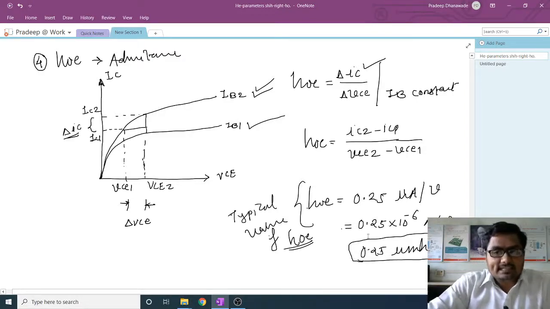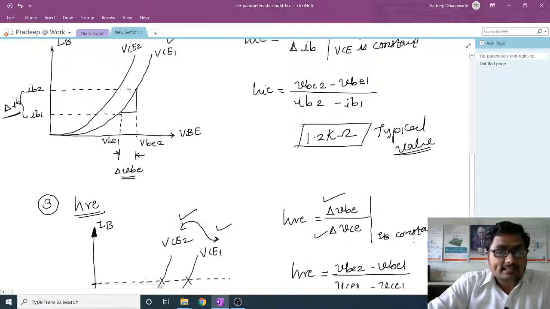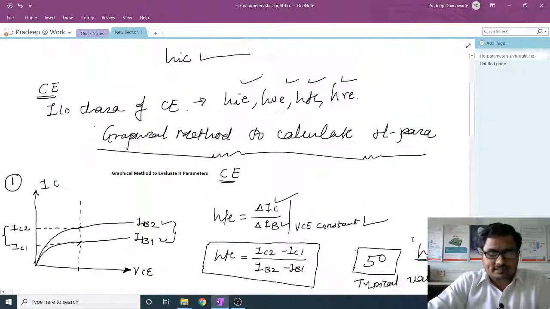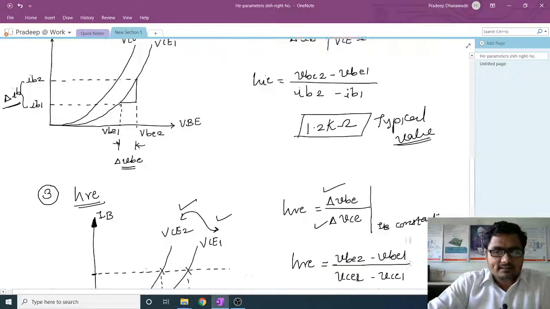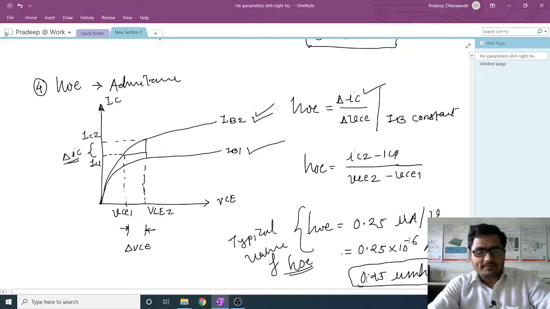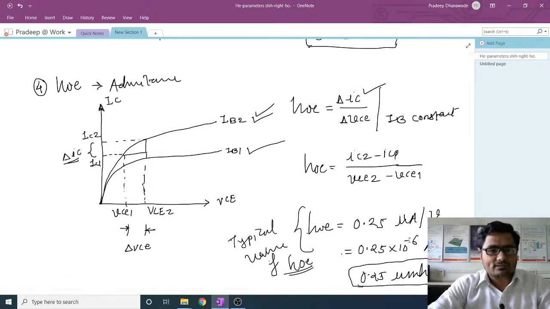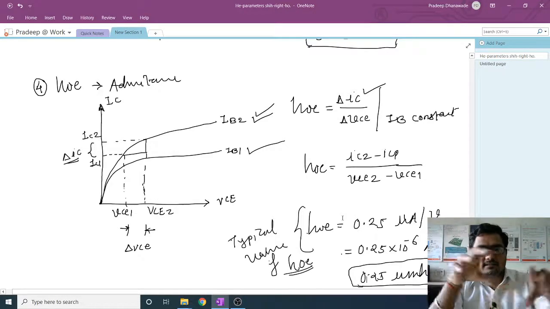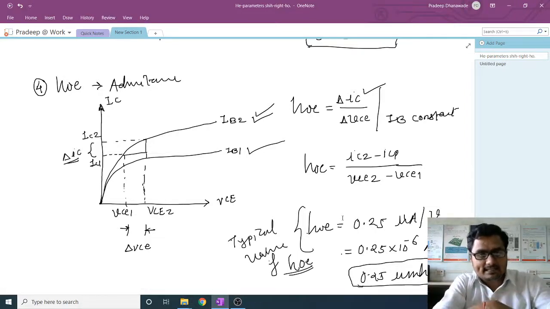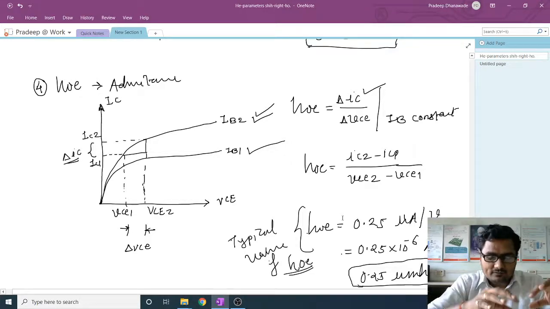So this is how I can calculate all those H parameters for CE configuration from CE characteristics. From the next lecture we'll use those equations. This is actually one of your experiments in the lab. The full name of your experiment is evaluation of H parameters from CE characteristics. For that, as a first part, you have to perform the CE characteristics experiment in the lab.